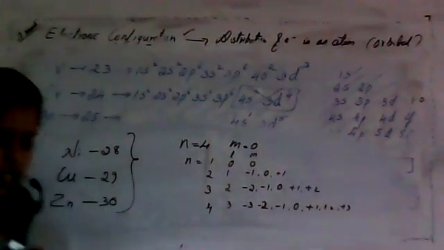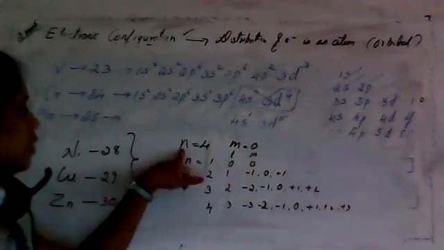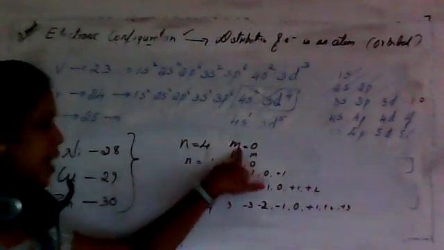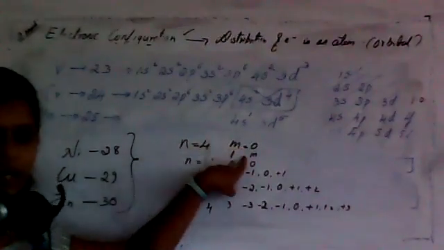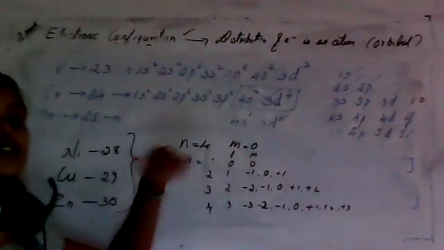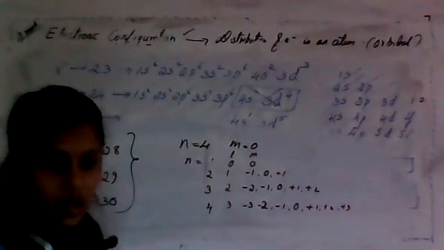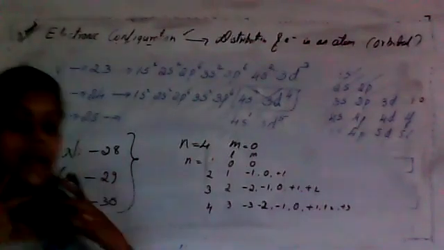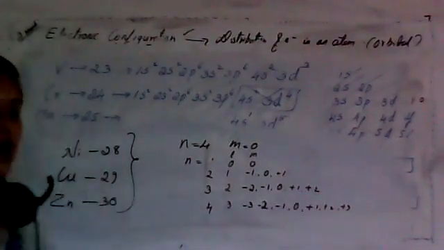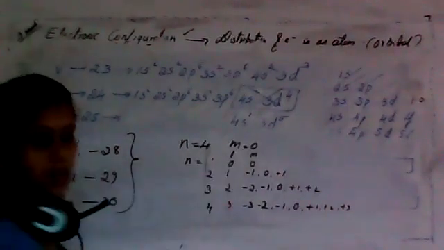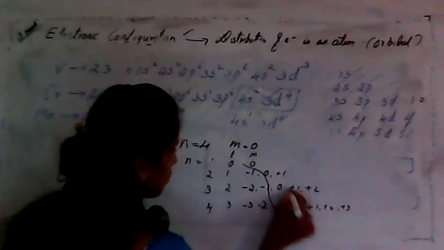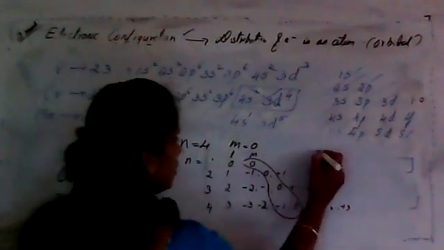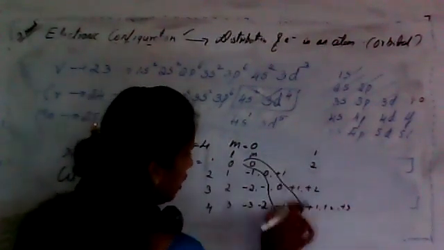The question is, if n equals 4 and m equals 0, what is the maximum number of electrons? Just count this: 1, 2, 3, 4.